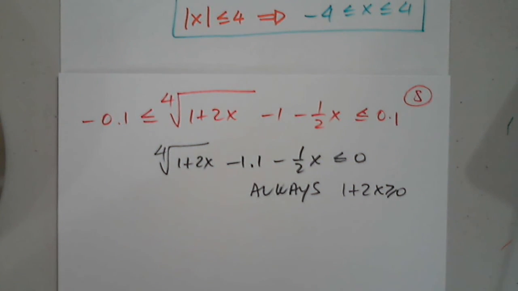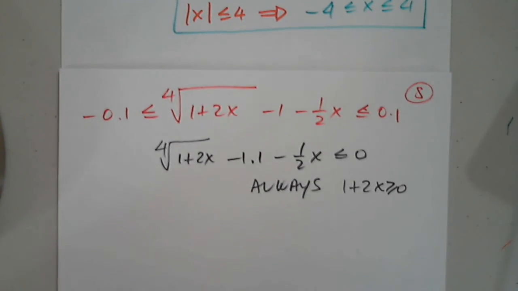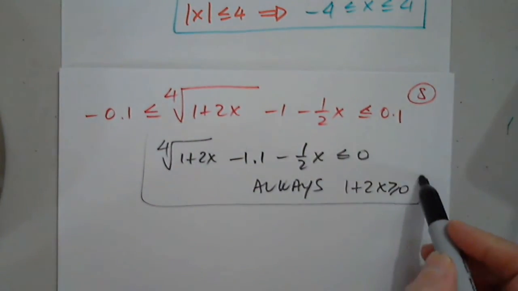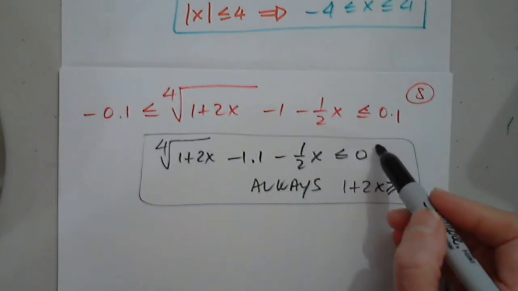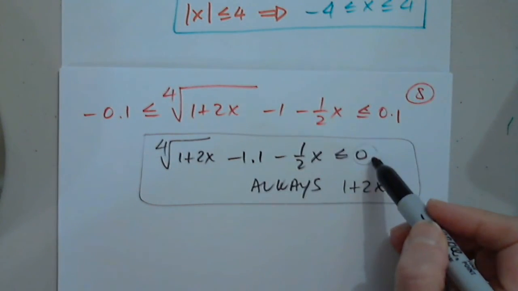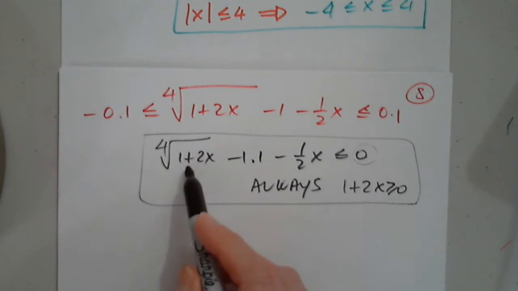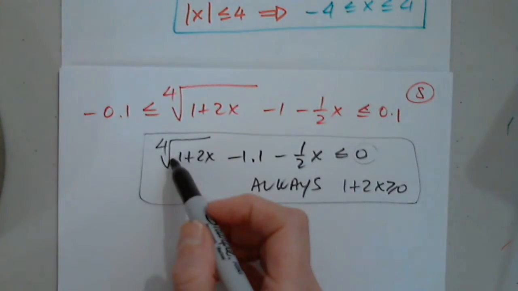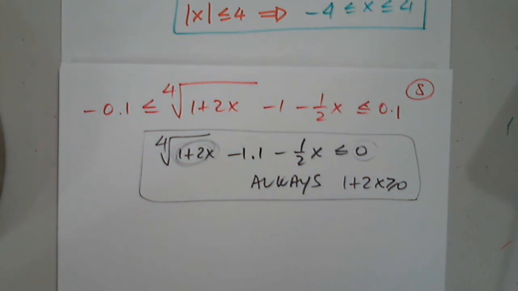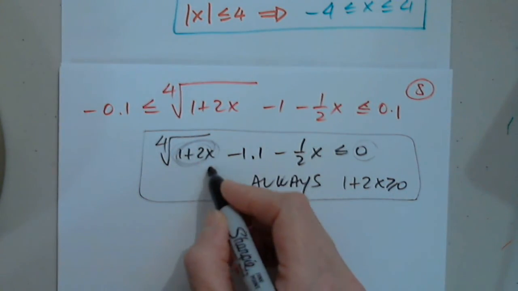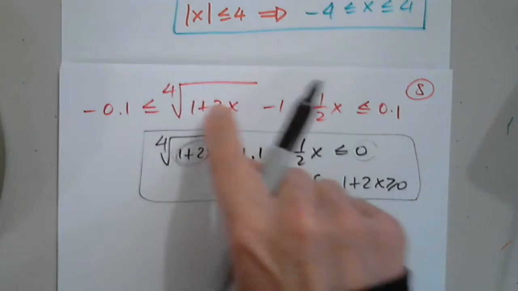Okay, so now I'm going to try the other one. I'm going to stop sharing. So I'm going to say that this is always true because this piece is always under y equals 0. So this happens always, of course, only as we know, this is an even index. This quantity has to be greater than or equal to 0. Okay, so this was this one.